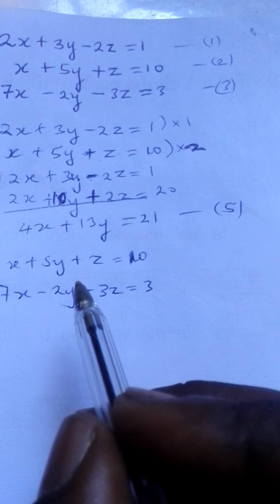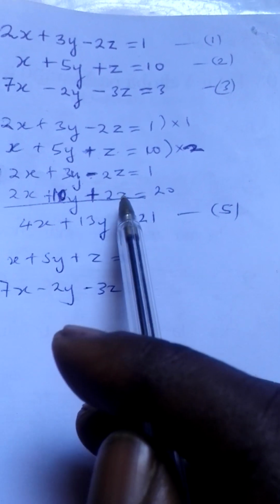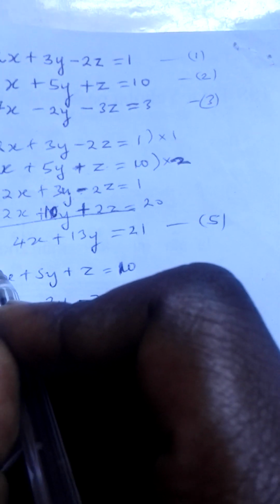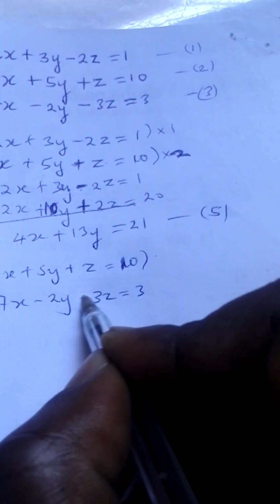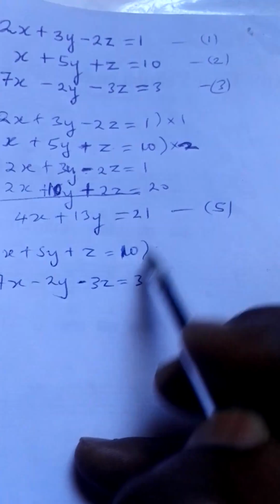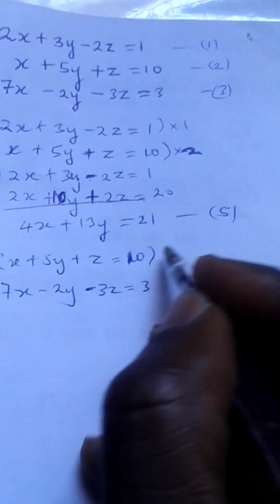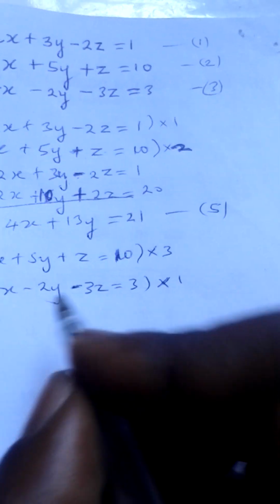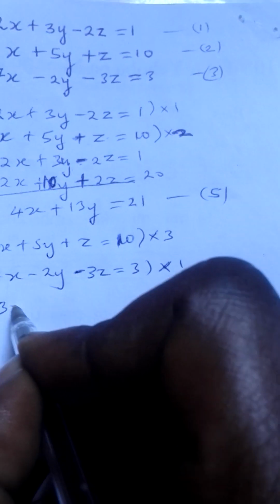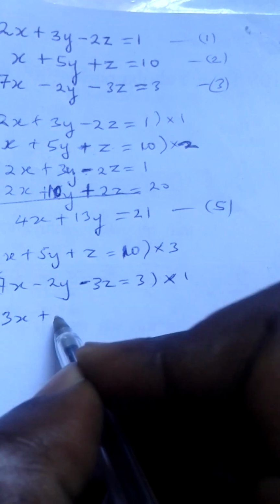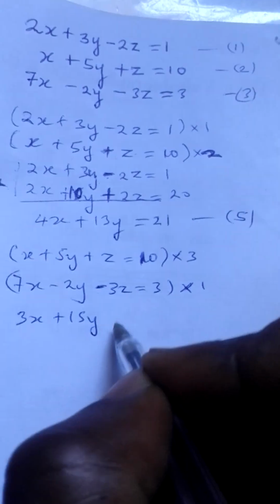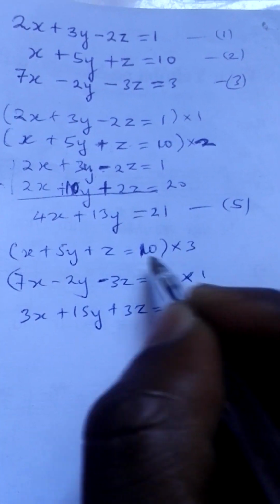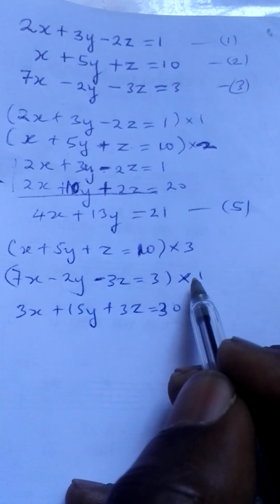Since in the first instance I chose to eliminate z, this time I'm also going to eliminate z. In order to eliminate z, since in equation 3 it's negative 3, I have to multiply equation 2 by 3, and equation 3 by 1. So 3 times x is 3x, 3 times 5y is 15y, 3 times z is 3z, and 3 times 10 is 30.